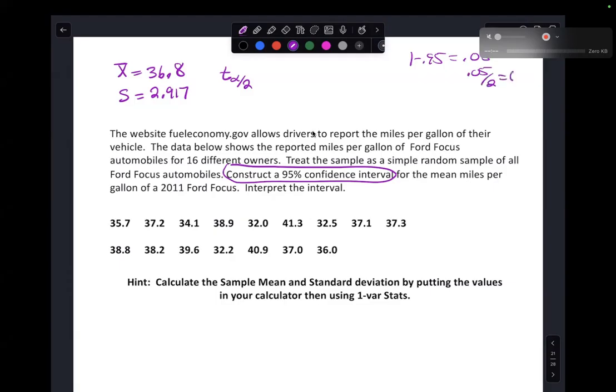We're going to look for 0.025 on our t table.